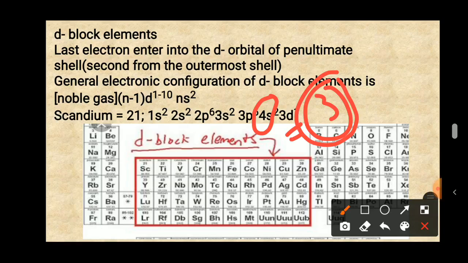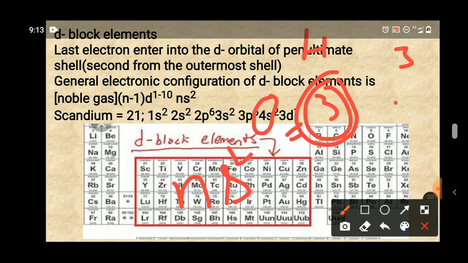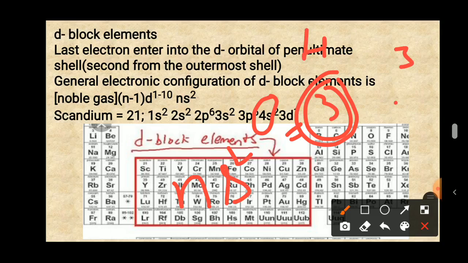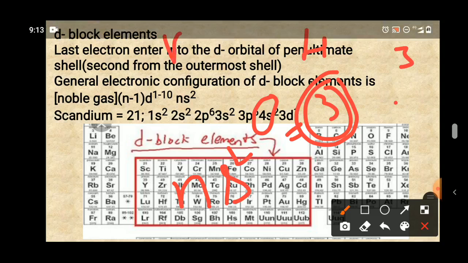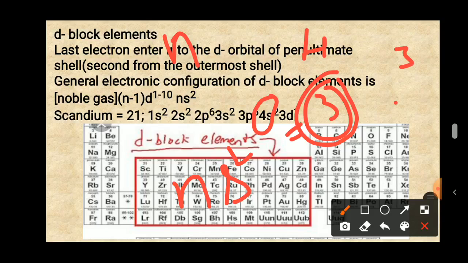Based on the concept, how is the general electronic configuration written? The outermost shell is written in the form ns2, that is 4s2. What is the second outermost shell? That is 3. The outermost shell is the fourth, and the third is the second outermost shell. For the outermost shell I have written the letter n.